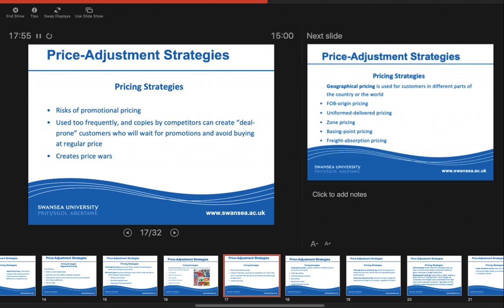A great example of this is SCS, DFS, these sofa selling outlets that always seem to have a sale on. I would love to meet somebody that's actually bought a full price sofa from one of these shops. I don't think they exist. And ultimately, as I said previously, if you keep dropping your price all the time, it just creates price wars and it effectively damages the market.